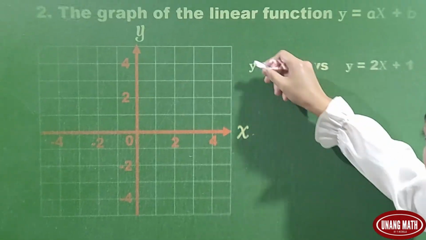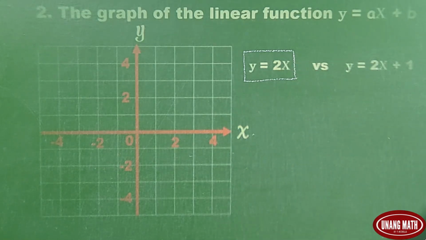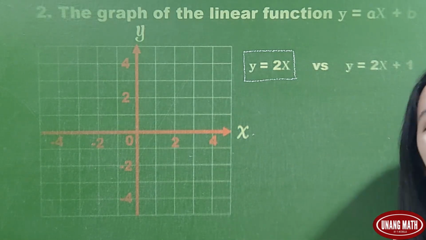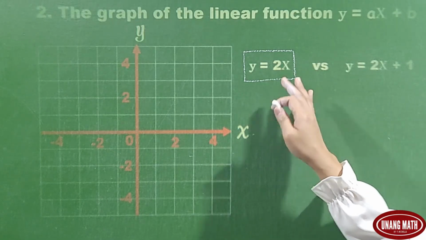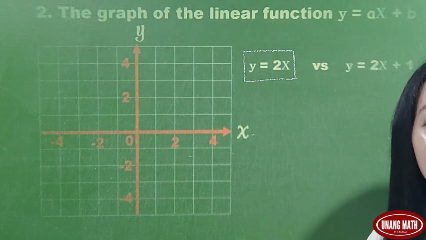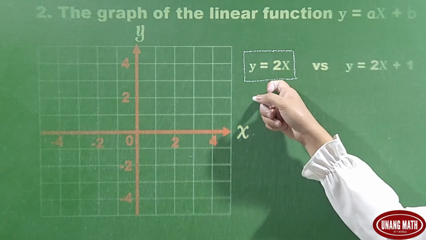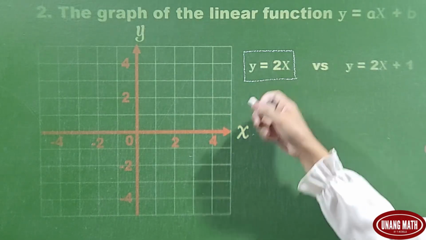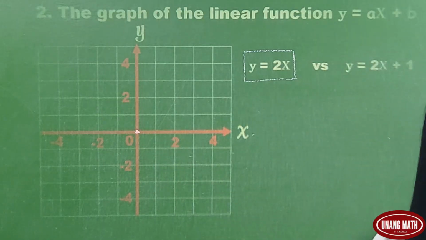Okay, as I mentioned a while ago, y is equal to 2x is a direct proportion equation. And in episode 129, we studied the characteristic of a direct proportion equation, specifically the graph of a direct proportion equation. Okay, and we said that it passes through the origin.